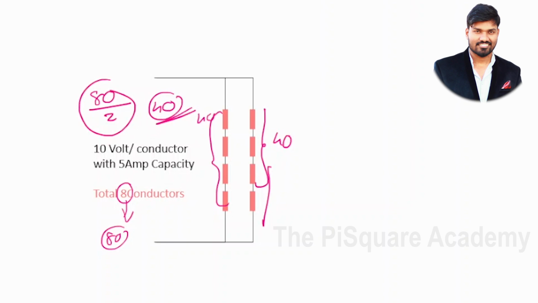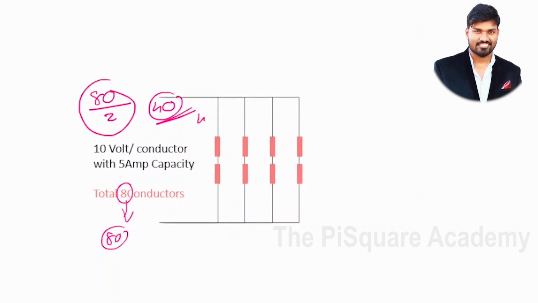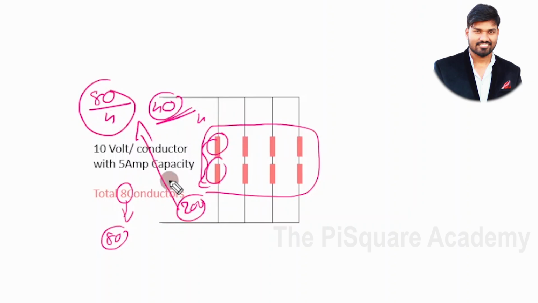Now what if I change this configuration slightly like this? So 2 conductors in one, total 4 parallel paths. This is 10, this is 10, total 20. All are 20 in parallel, so the resultant is 20 volts. So with 4 parallel paths, 80 by 4 is 20 volts.